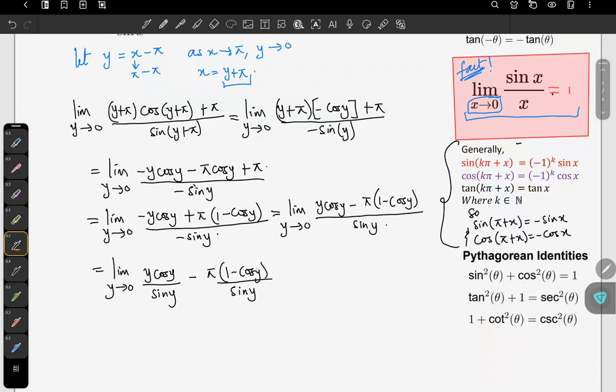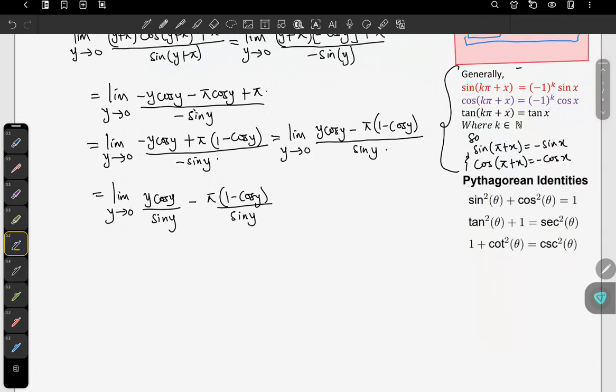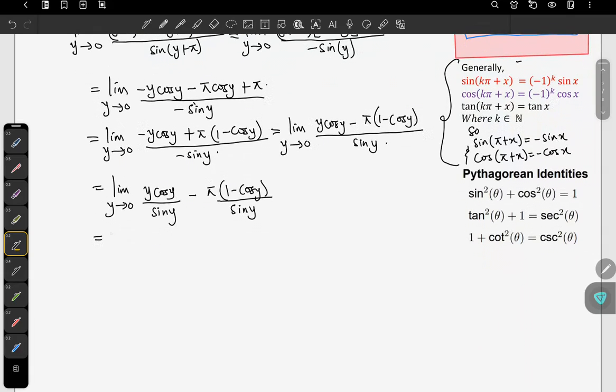So now we can split this into two limits: the limit as y approaches 0 of y over sine y cos y, minus pi of the limit as y approaches 0, pi is a constant so I can pull it out, then 1 minus cos y over sine y.